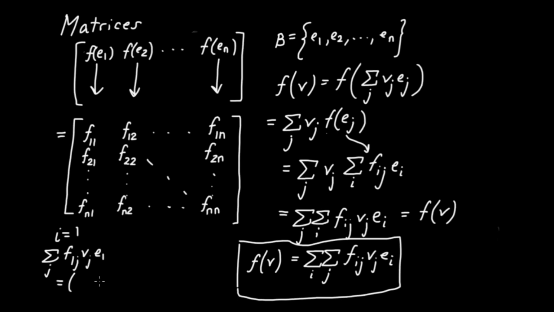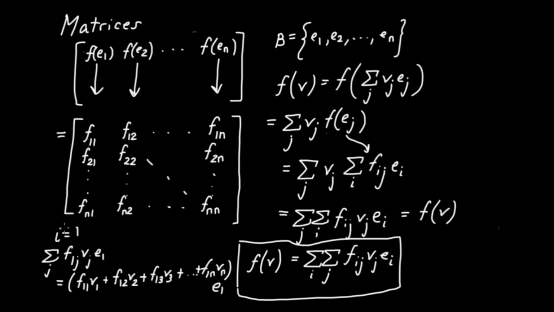which when this is expanded out, sum over the j's, so we have f11 v1 plus f12 v2, next f13 v3, dot dot dot, all the way up to f1n vn, and then this would be times e1. This whole thing is going to be the coefficient sitting up front of e1.